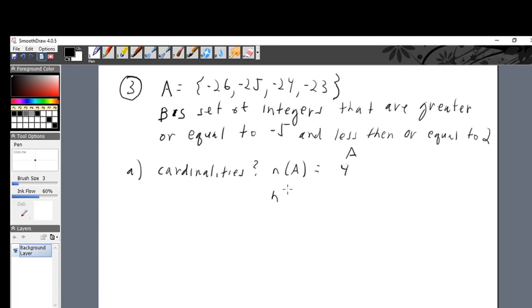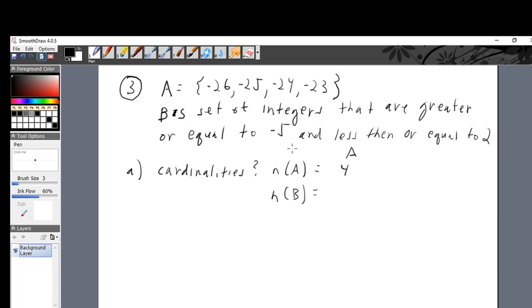What's the n of B? Well, this you have to sort out. -5 is an integer, right? It's greater or equal, so -5, then -4, -3, -2, -1. 0 is still an integer.